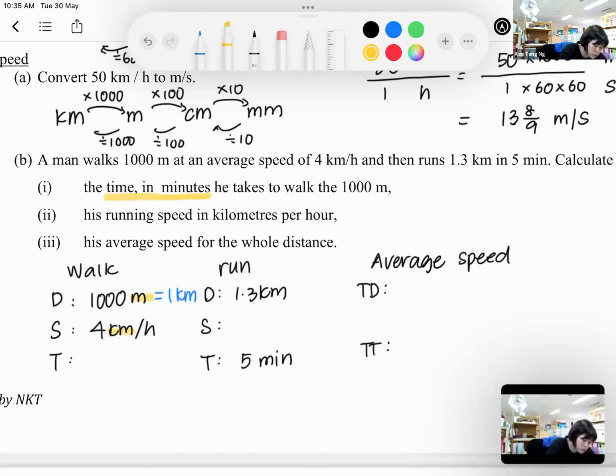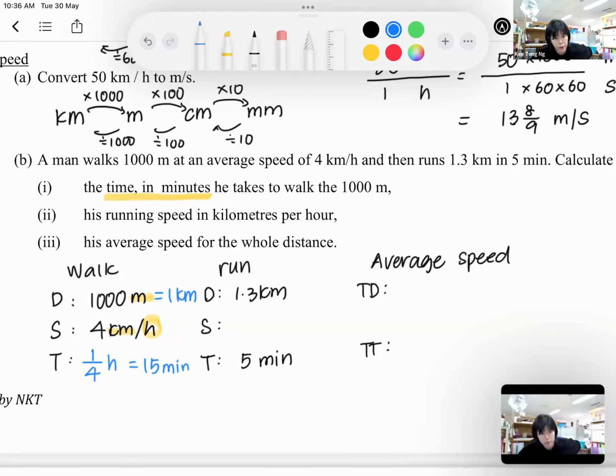But now you notice the unit over here is hour. So we're going to do our calculation. Time equals to distance divided by speed. So 1 divided by 4. But this is in terms of an hour, right? So what we do, we times 60, 1/4 of an hour times 60. That will give you 15 minutes.